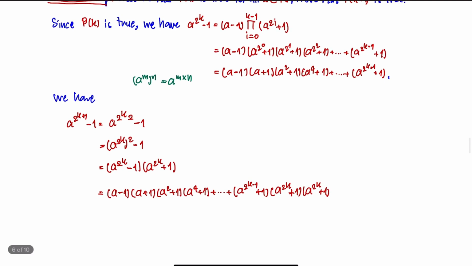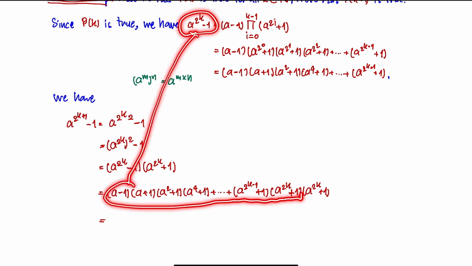Then what do we have next? So we can have the product of a right here, a to the 2, a to the 4, and a to the k. Okay, give me a second. For this term to become this one, right?